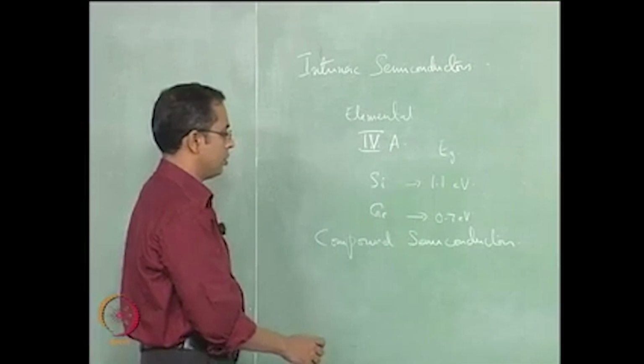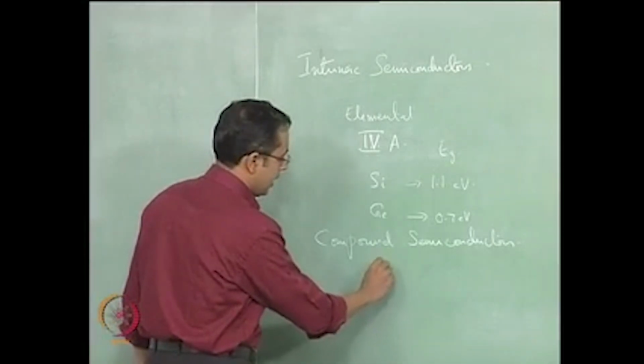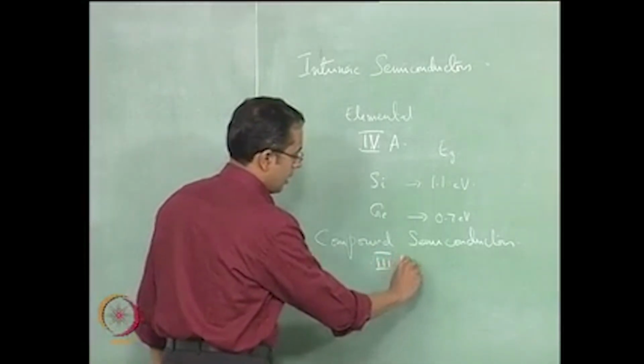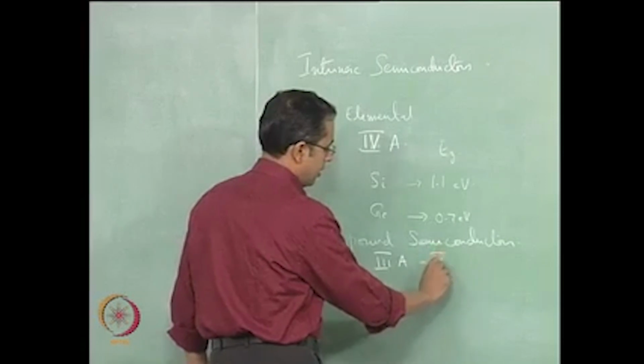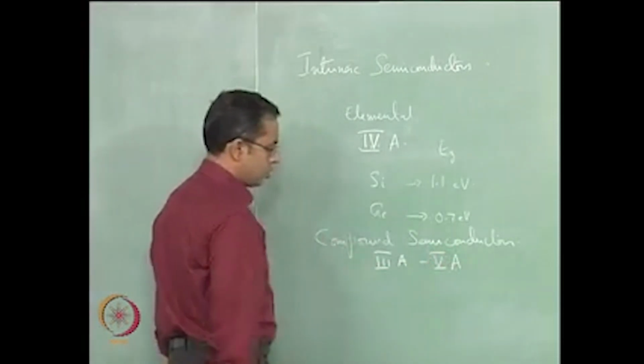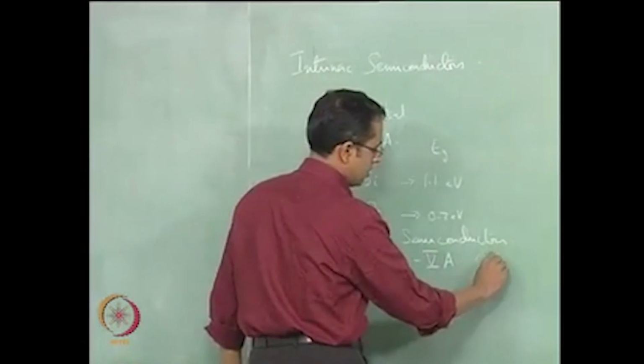So that is basically what you are looking at. We can have 3a and 5a elements. These are called 3,5 compounds.